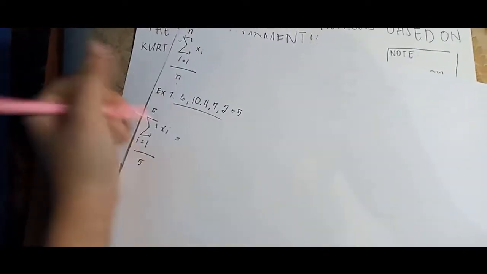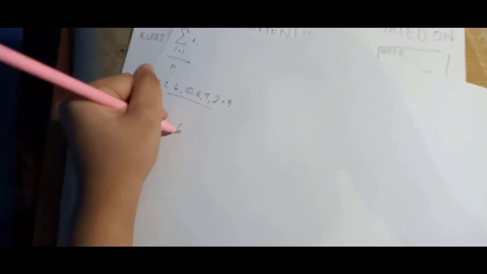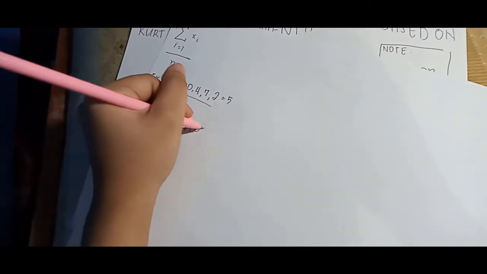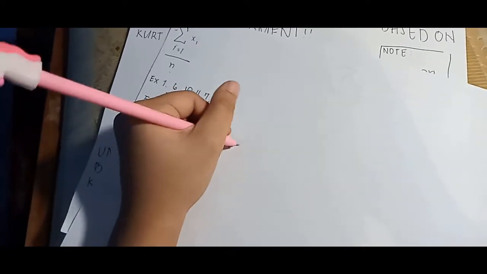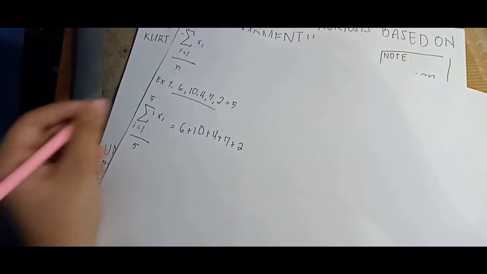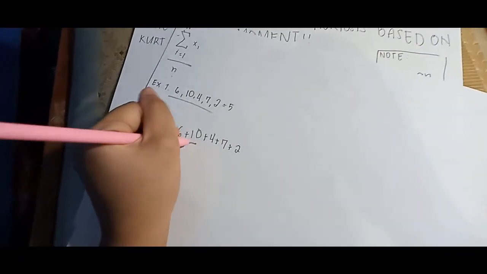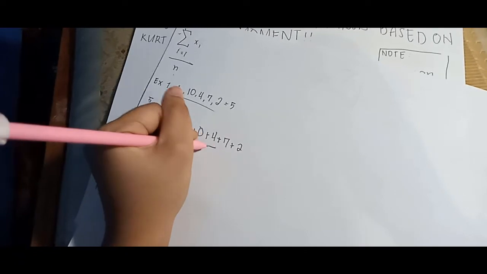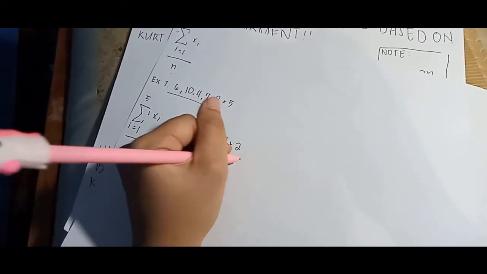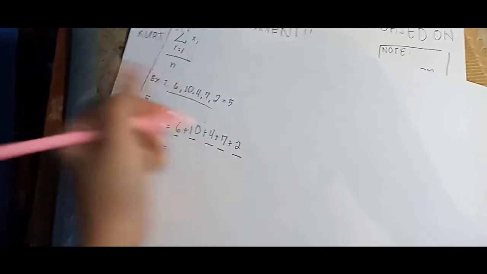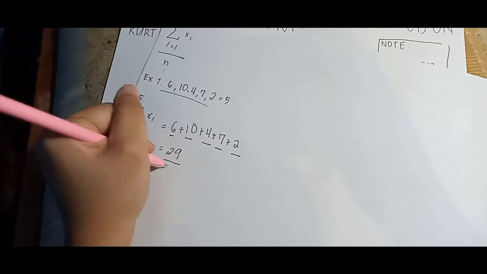Okay, so let's compute. To find it, we just add all of the numbers like so. 6 plus 10 is equal to 16, plus 4 is equal to 20, plus 7 is equal to 27, plus 2 equals 29. So in total, we have 29. Now divide it by 5.